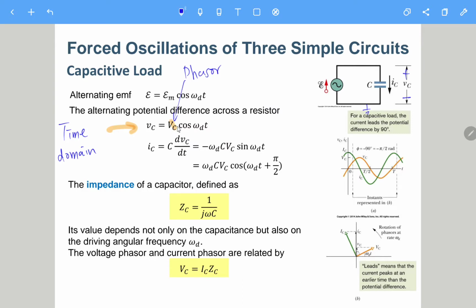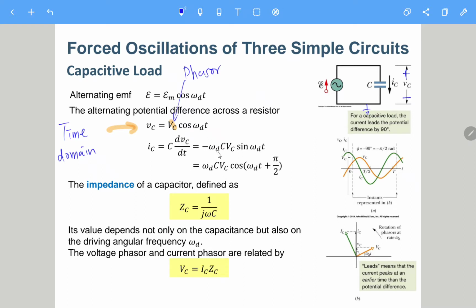EM is nothing but VC, and here iC is not VC over something times cosine anymore. According to what we have learned before, we know that iC is C times dvC/dt. So we need to take the derivative of vC to get iC, and then multiply by C. We can just plug in this one here. Taking the derivative of cosine gives negative sine, so we have a negative sine omega d t, and for the chain rule we have an omega d here.